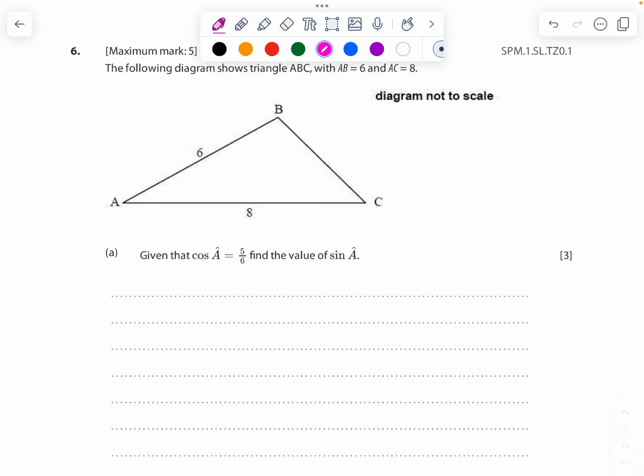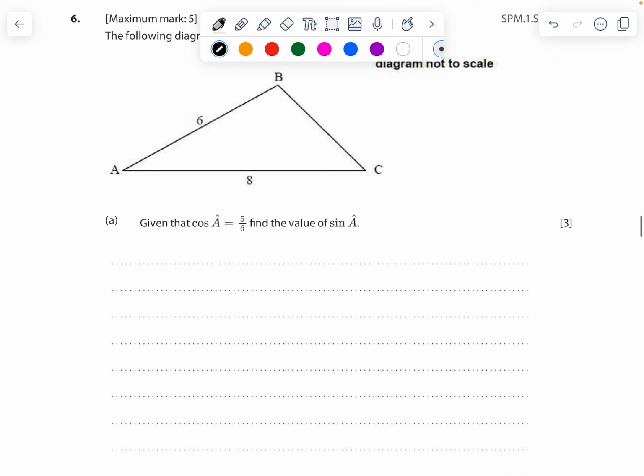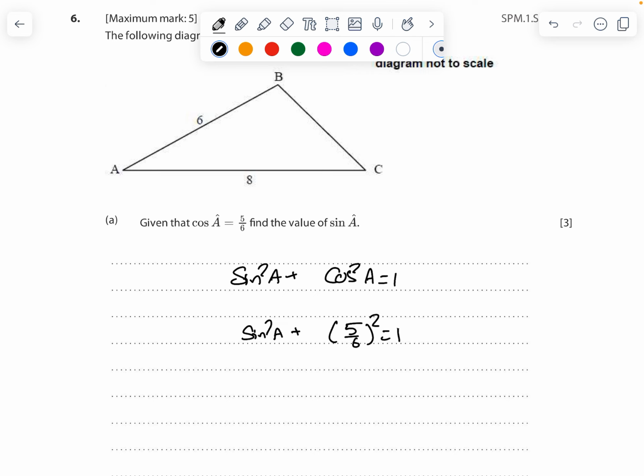Question number 6. The diagram following shows AB equals 6, AC equals 8. Show that cos A equals 5 upon 6. So therefore, we are going to use sin square A plus cos square A equals 1. So sin square A plus 5 upon 6 whole square equals 1.